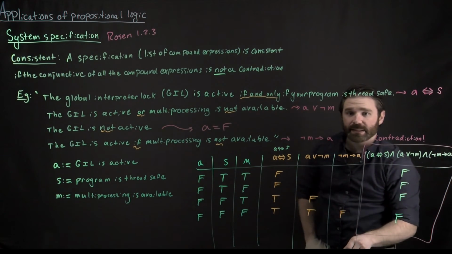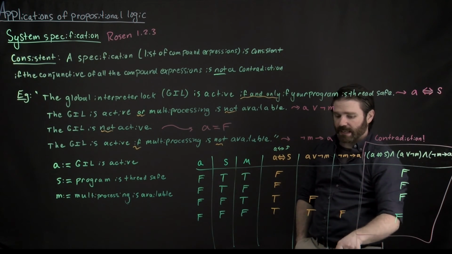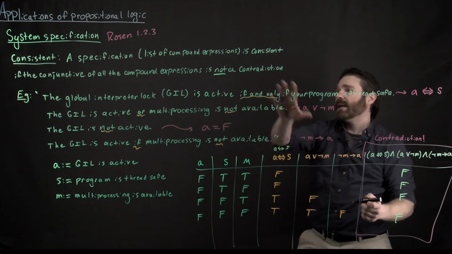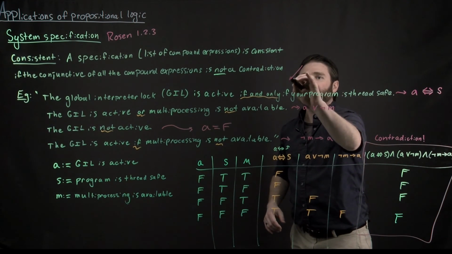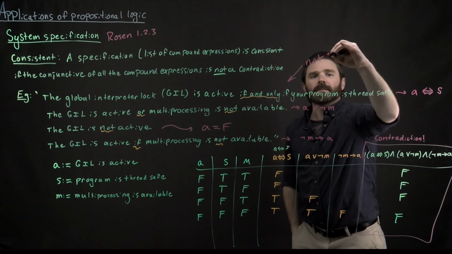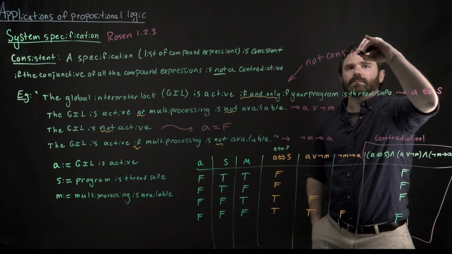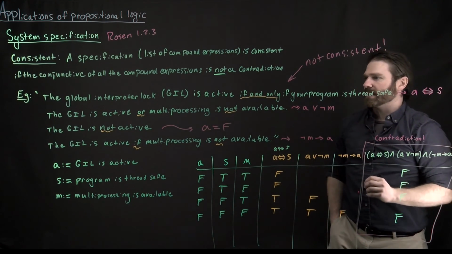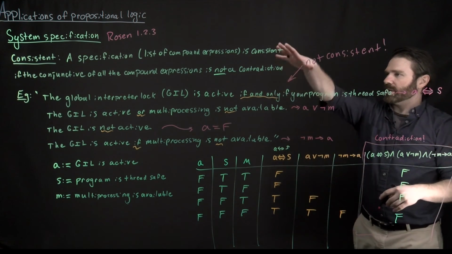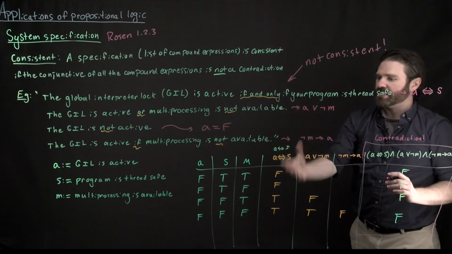contradiction. And because it's a contradiction, what that means is that this specification is not consistent. So given the specification right here, it is not consistent.